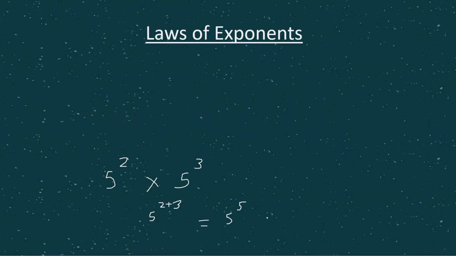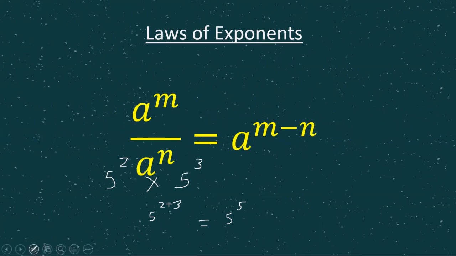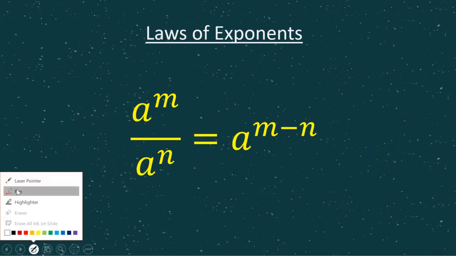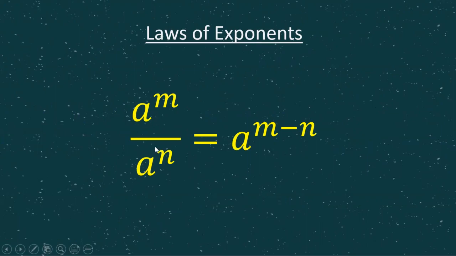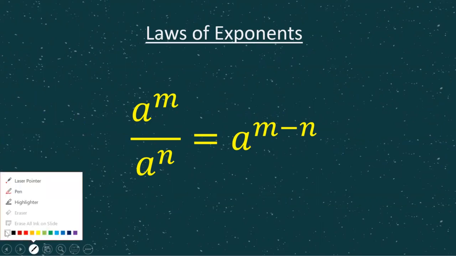Next law is, let's clear this first. So our next law is a raised to power m divided by a raised to power n equal to a raised to power m minus n. So how will we solve this? Let's again take a number here.